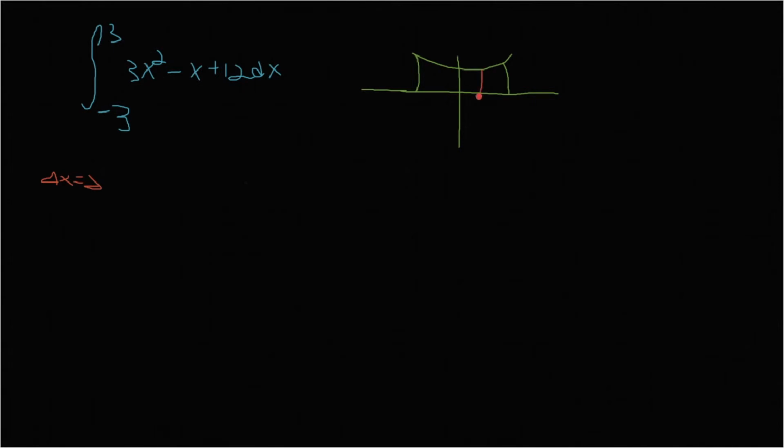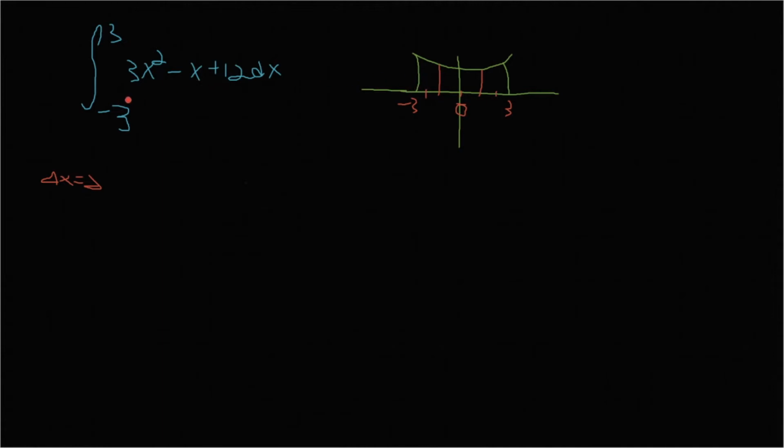So we have these little rectangles. If this is -3, this is 3, here's 0. Each rectangle is 2 long.